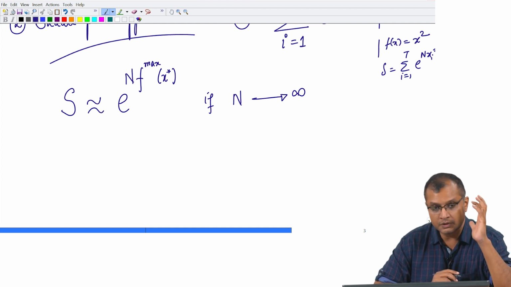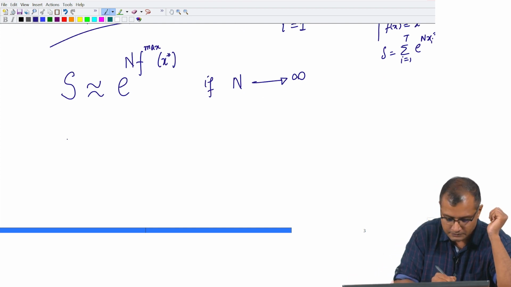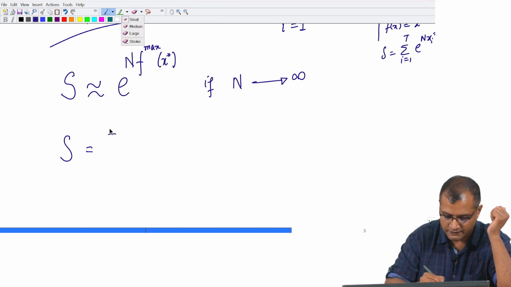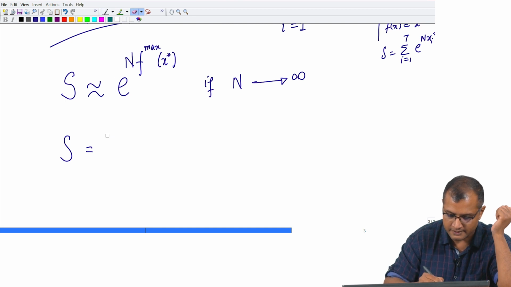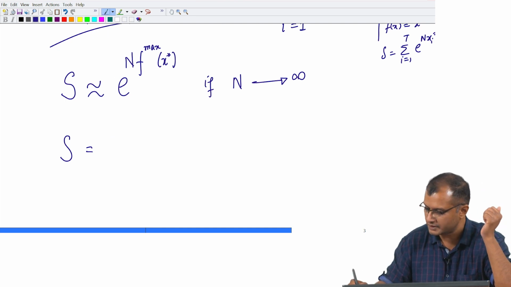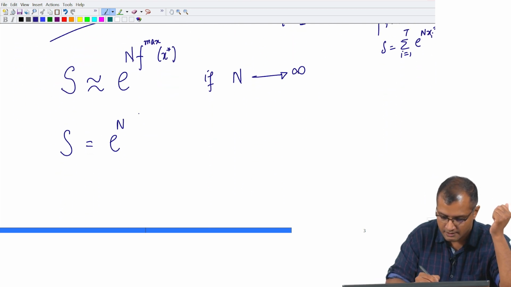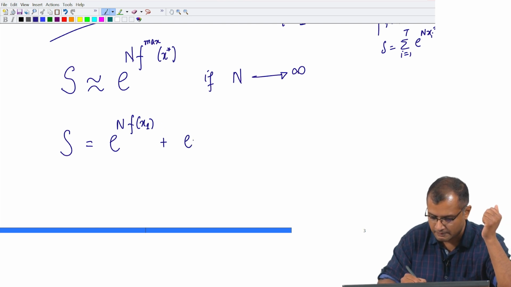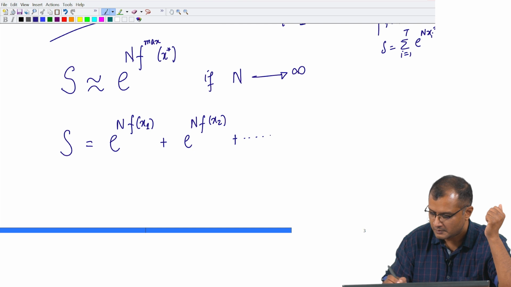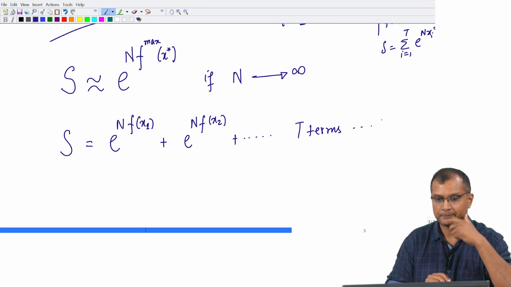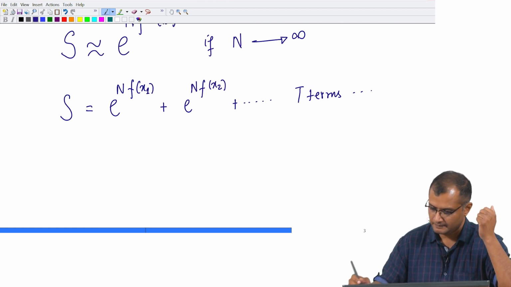So, we can do this very simply by saying that look, my sum was composed of a large number of terms. So, I am going to write my original sum as a sum over all these exponentials as e to the power n f at x1 plus e to the power n f x2, okay, and the last term being the last one.